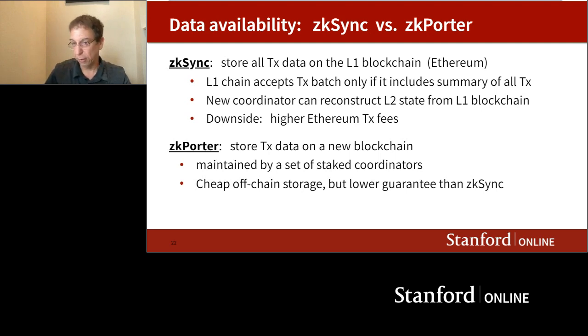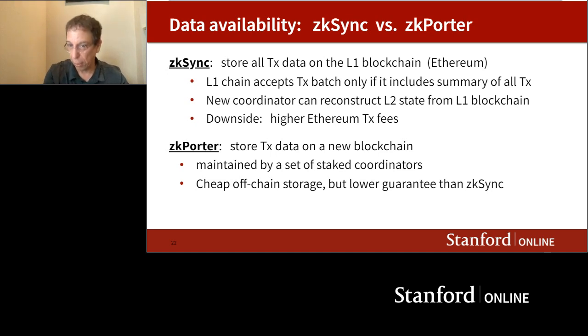Yeah, this is a proof of stake style blockchain, where all this transaction data will be stored on the secondary blockchain. And again, the L1 network will accept transactions only if the secondary blockchain says that it has all the transaction data.